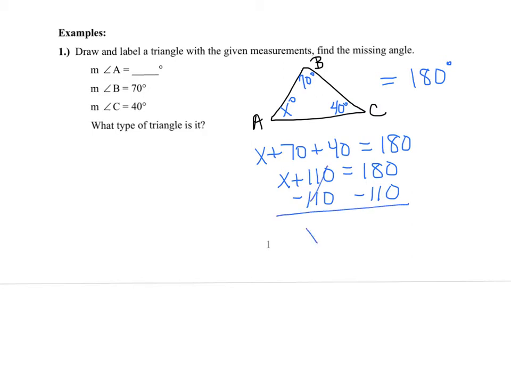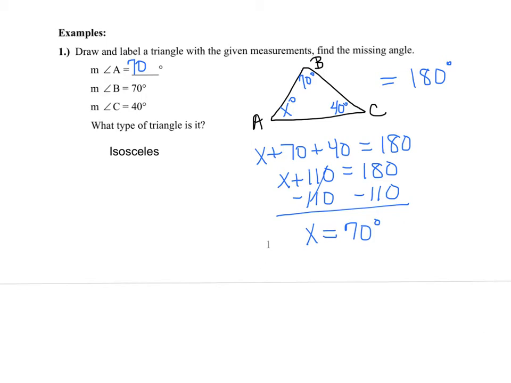The 110s cancel, and X equals 70 degrees. So the measure of angle A is 70 degrees. Now, what type of triangle is this? We have a 70, a 70, and a 40. If 2 angles are the same, it's an isosceles triangle.